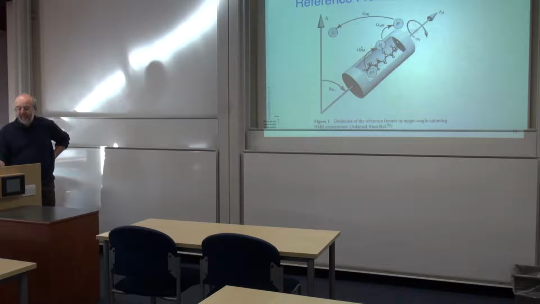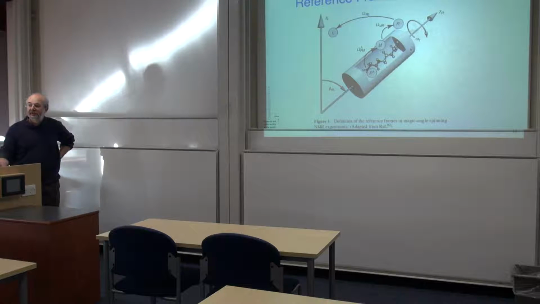And then there'll be another set of Euler angles, omega MR, which says how the molecular frame is oriented with respect to the rotor frame, which is the sample holder, if you're doing magic angle spinning NMR. And then a set of angles, omega RL, which says how the rotor frame is oriented with respect to the laboratory frame, which has the magnetic field along the z-axis.